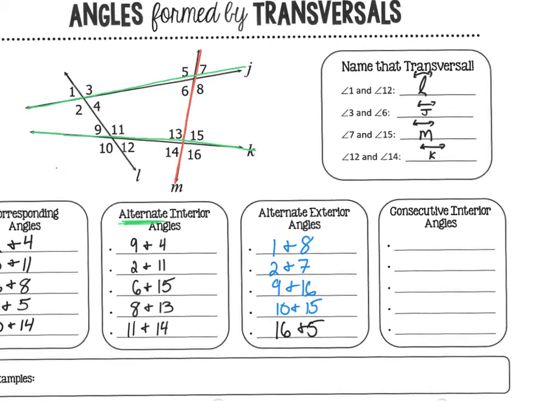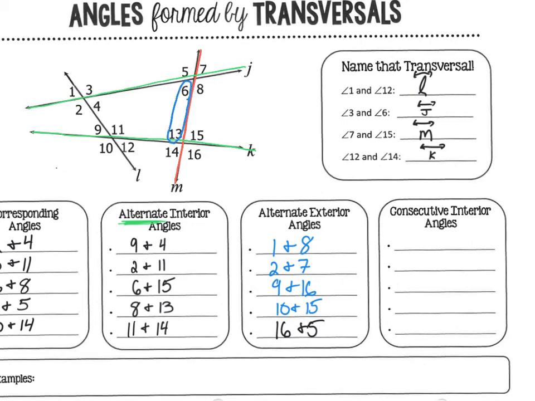So what are our interior angles on that transversal? So we're looking at M. Yep, the numbers that touch M. We're going up and down here. 6 and 13. Good. Yes, because consecutive means they're on the same side.